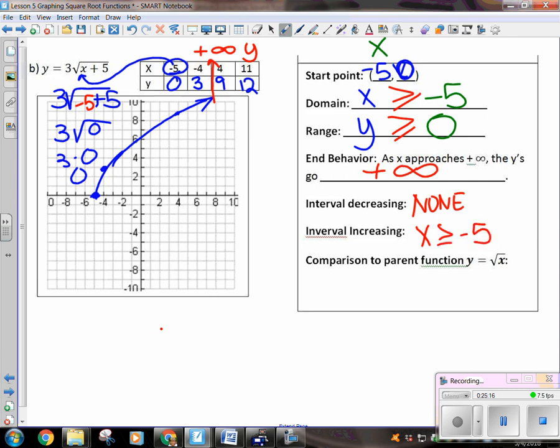How does this compare to the original parent function? Well, it went left 5. What else? Then it went up. You see the 3? Did this thing not go up much faster than normal? Remember, the original graph would actually be here.